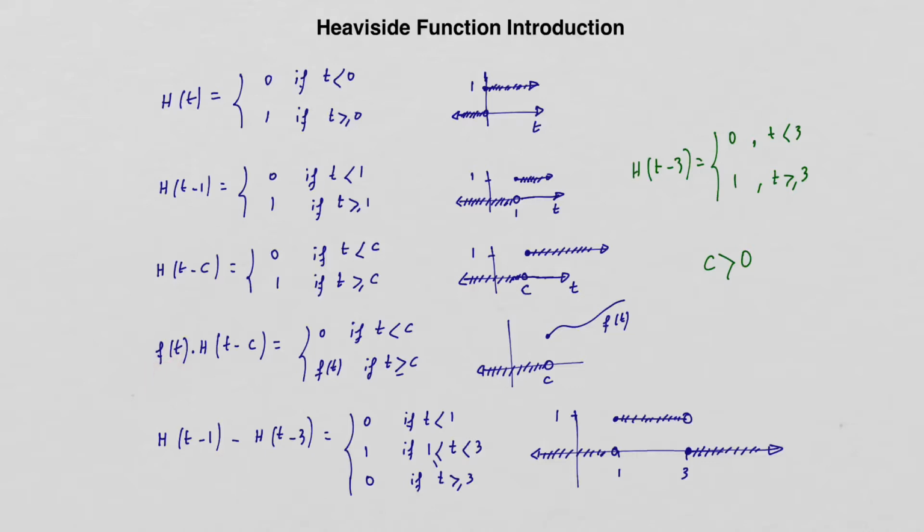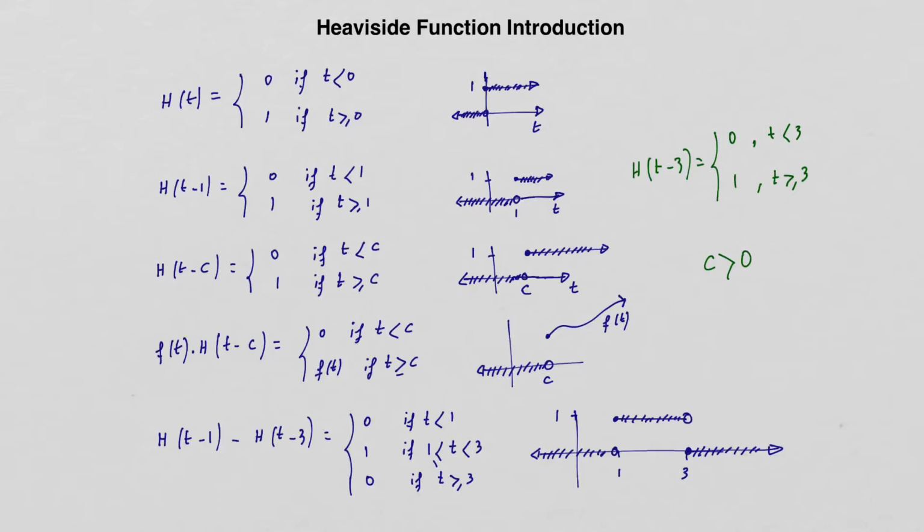Well, when you multiply f of t by 0, you get 0. And if you multiply f of t by 1, you get f of t. So there is no difference between these two, except that instead of a constant function 1, you have some function f of t. I don't know how it looks. I'll put an arrow here because it might go on forever.